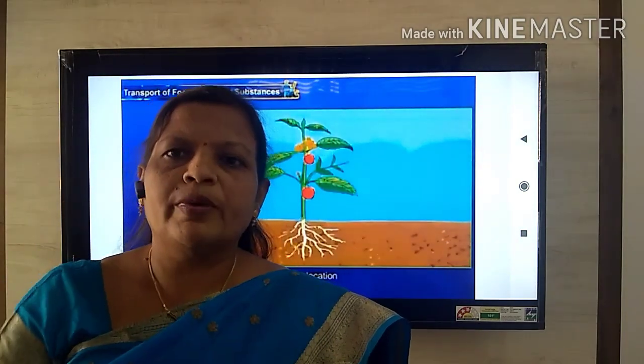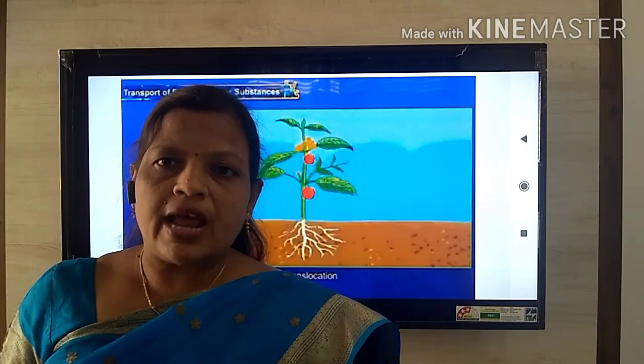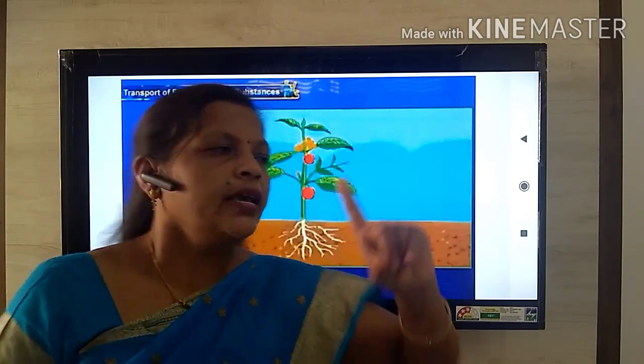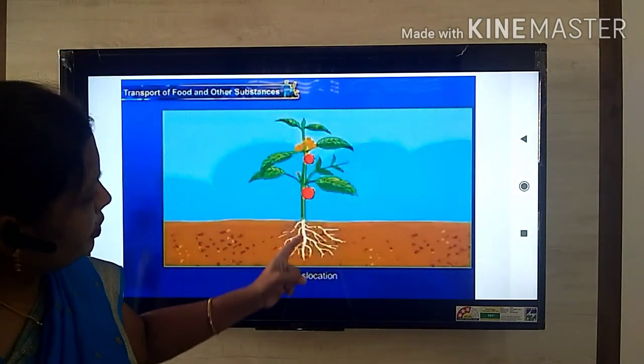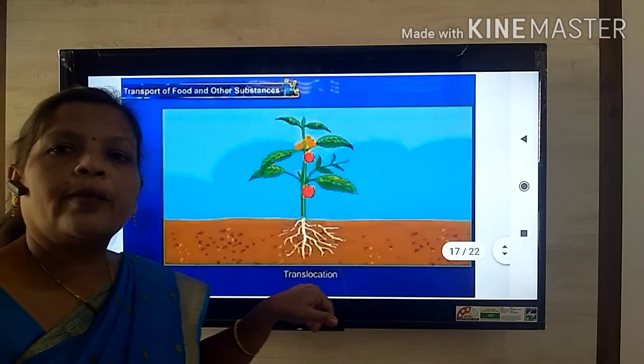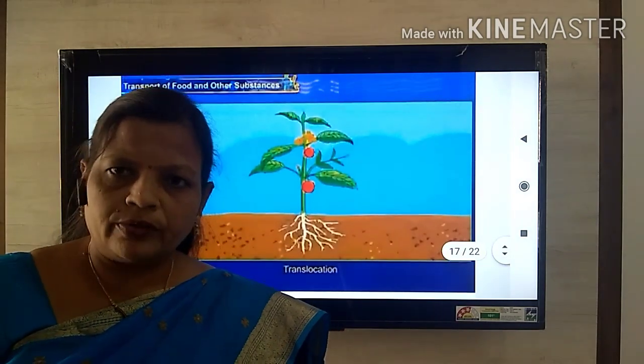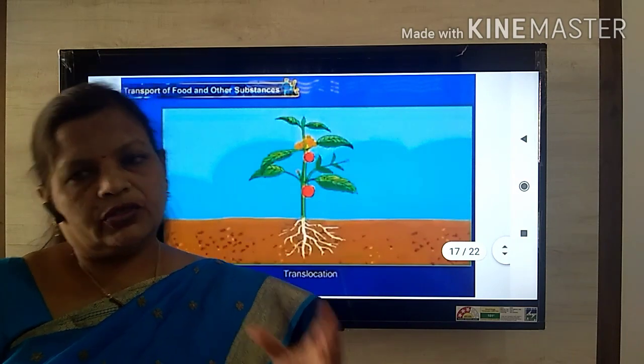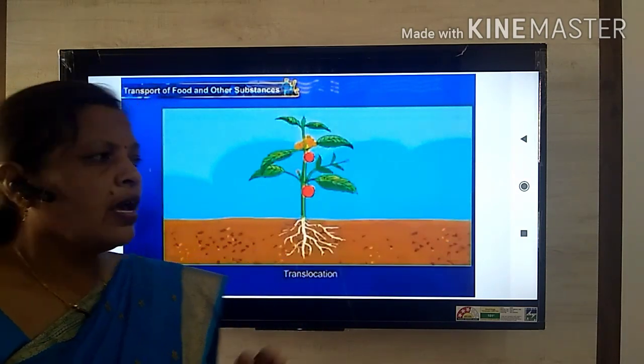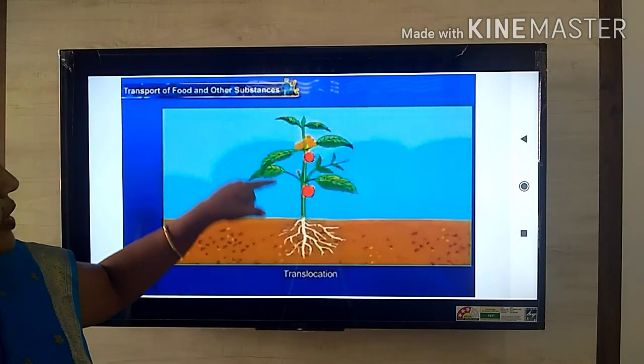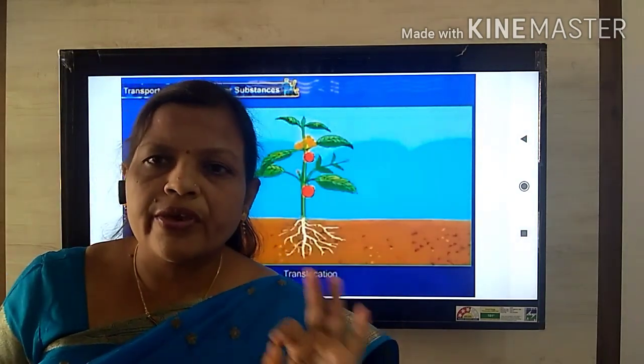So this is one of the food materials, and this starch, which is synthesized in the leaves of the plant, has to be transported toward the root system. You know very well the sweet potato, in Marathi ratala, this is also a source of food for us, and this transport is called translocation.